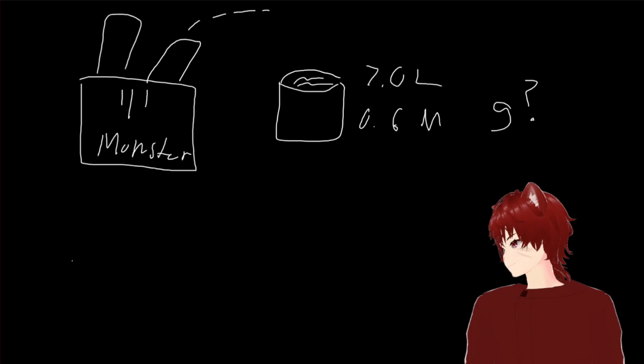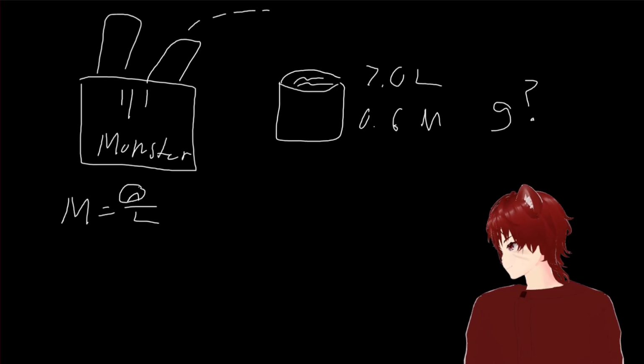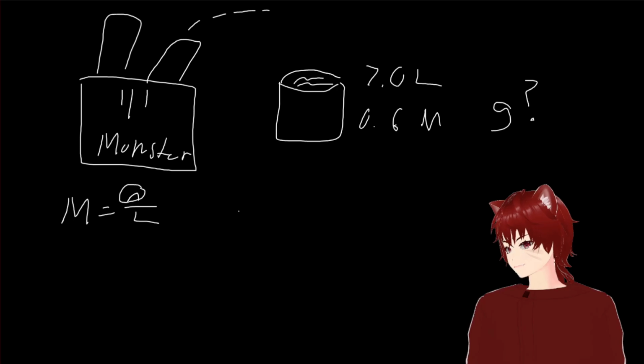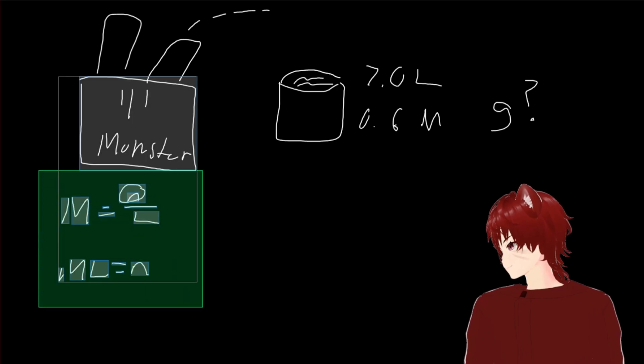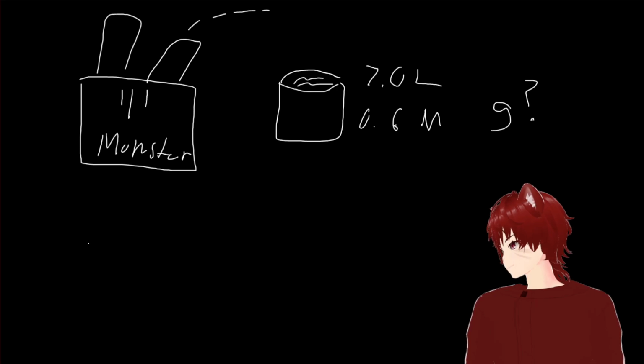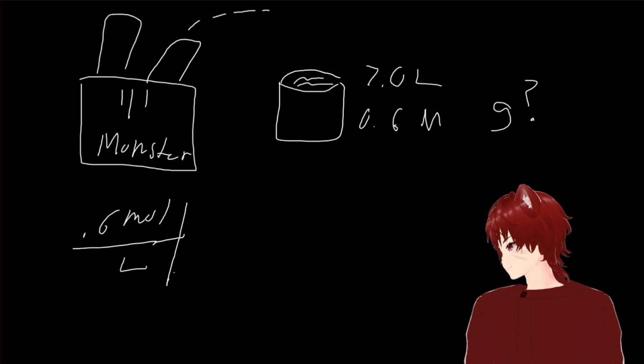So, let's go back to our original equation. And we're going to try and get the number of moles, which can be converted into grams. So, we're going to take M times L to get our number of moles. So let's take our 0.6 moles per liter, times that by our 7 liters.